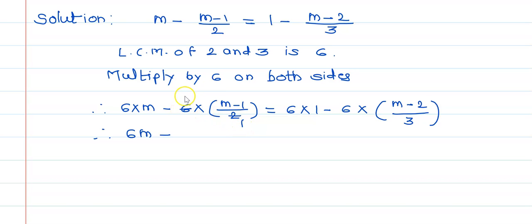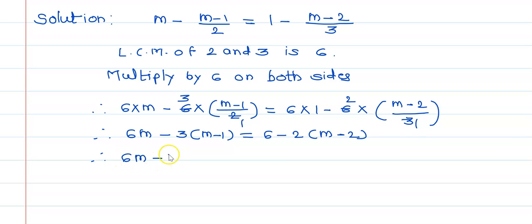Again simplification, that is 3 in bracket (m minus 1) is equal to 6, 3 twos are 6, that is 2 in bracket (m minus 2). This is again the simplification: 6m minus 3m plus 3, that equals 6 minus 2m plus 4.